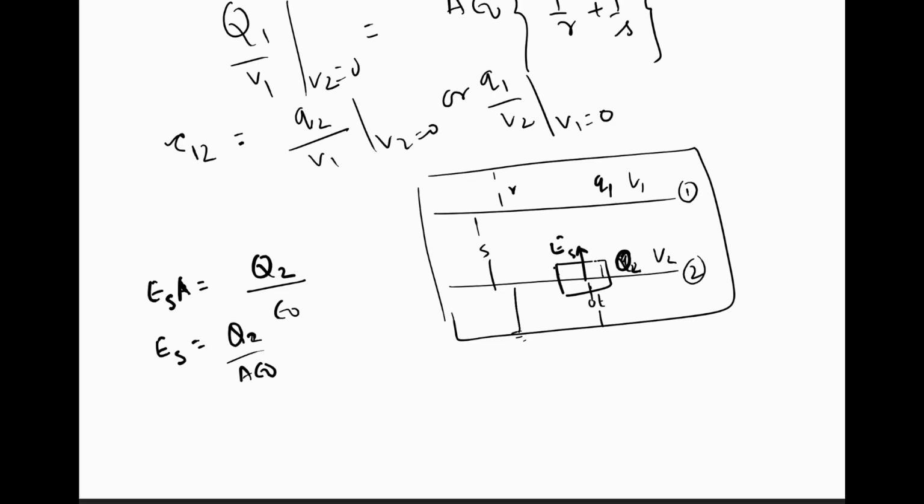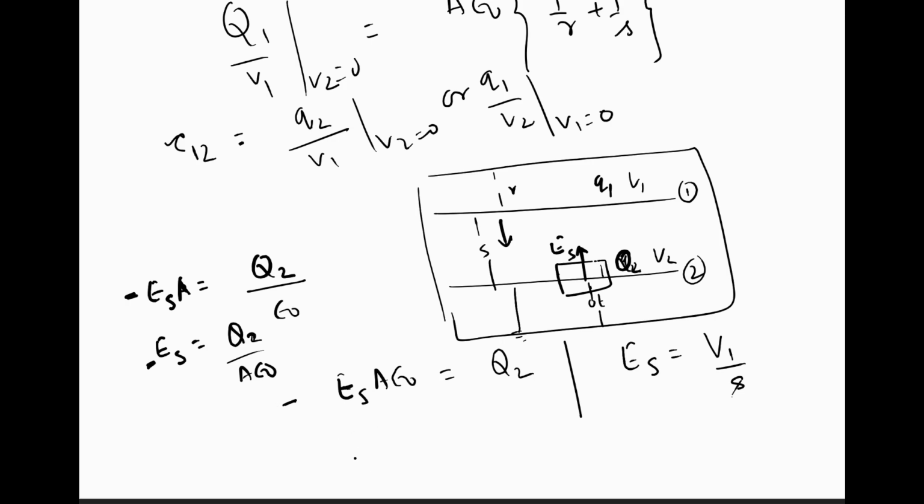So a minus sign will come, because ES we have taken in this direction and the normal is in this direction. So minus ES A epsilon naught is equal to Q2. Now we also know that ES is simply V1 over S.